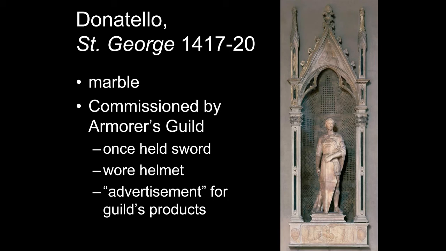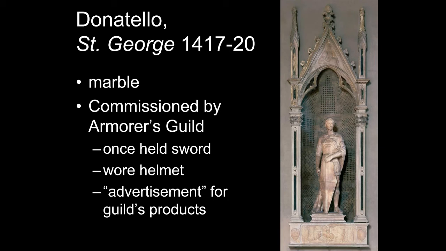Now, in the early 15th century, there was a major commission that went out to many different sculptors. There was this large building called Or San Michele. It had been a grain market, but it had been converted into a church. It's still a church. And on the outside of the building, they built niches.